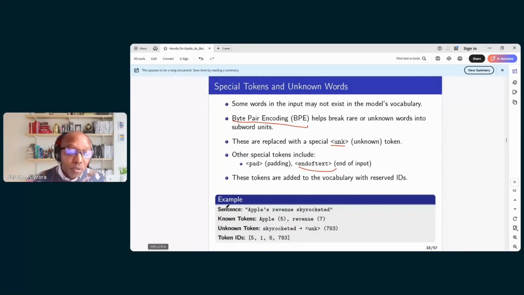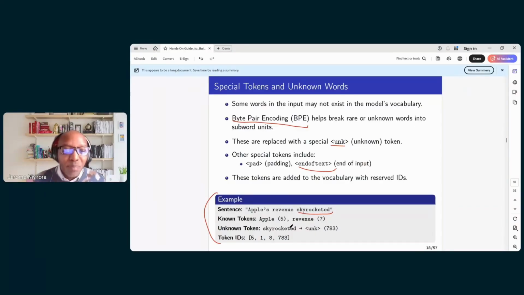For example, this might happen if you introduce a sentence as part of your prompt in a GPT that has never seen a word like "bracketed" because it was never part of your initial dictionary. If you didn't take care of the unknown words, you'd have an error.